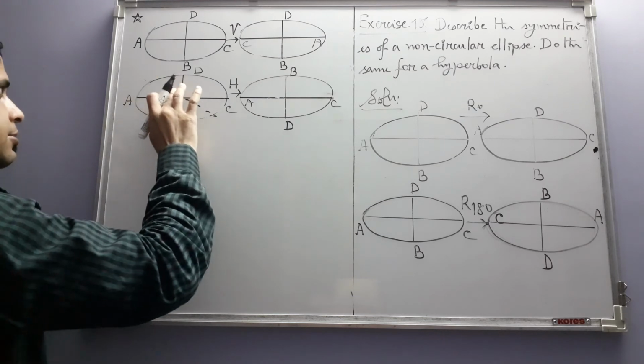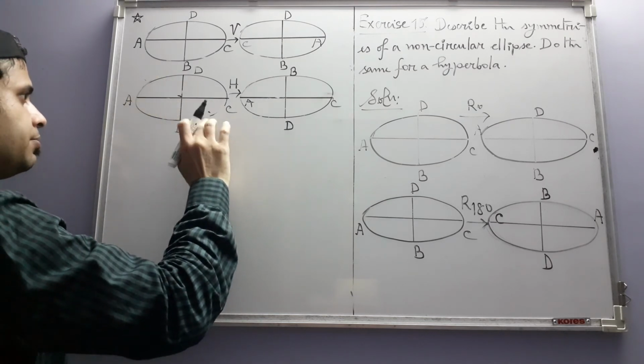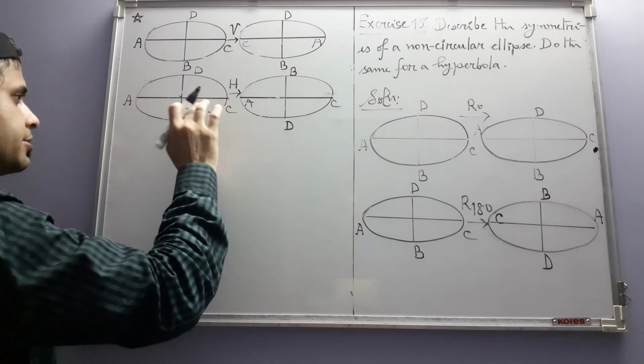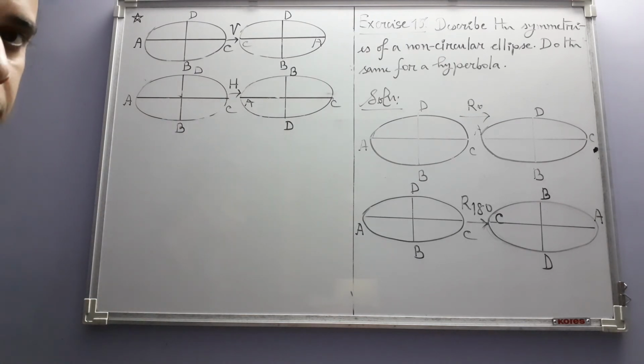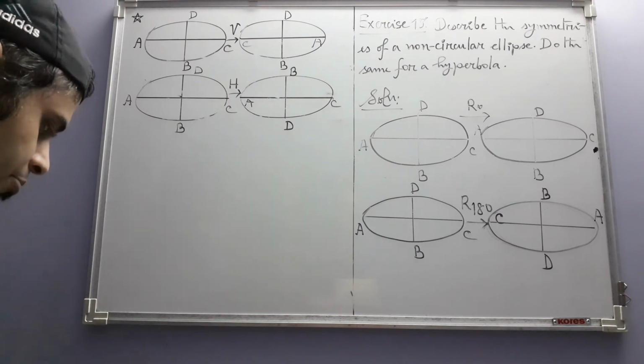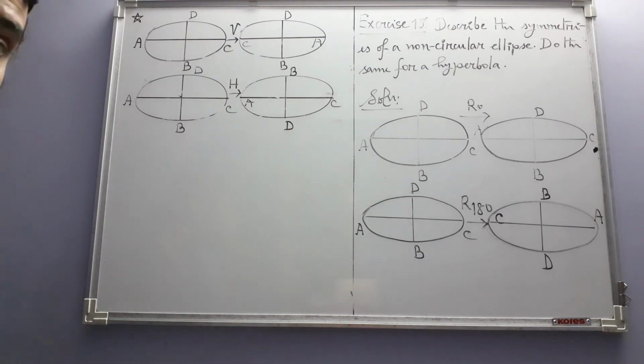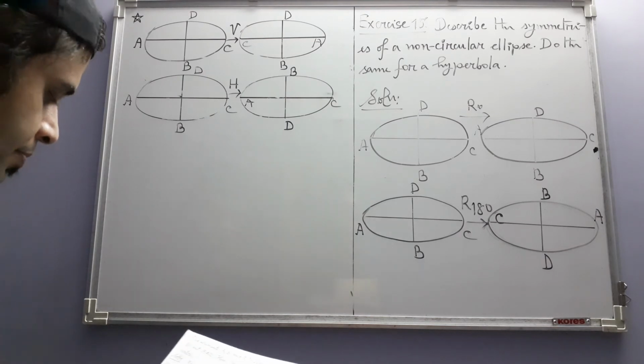So according to my analysis, there is no other symmetry that an ellipse has. So we have 4 symmetries. How many did a rectangle have? See, rectangle also had 4 symmetries.